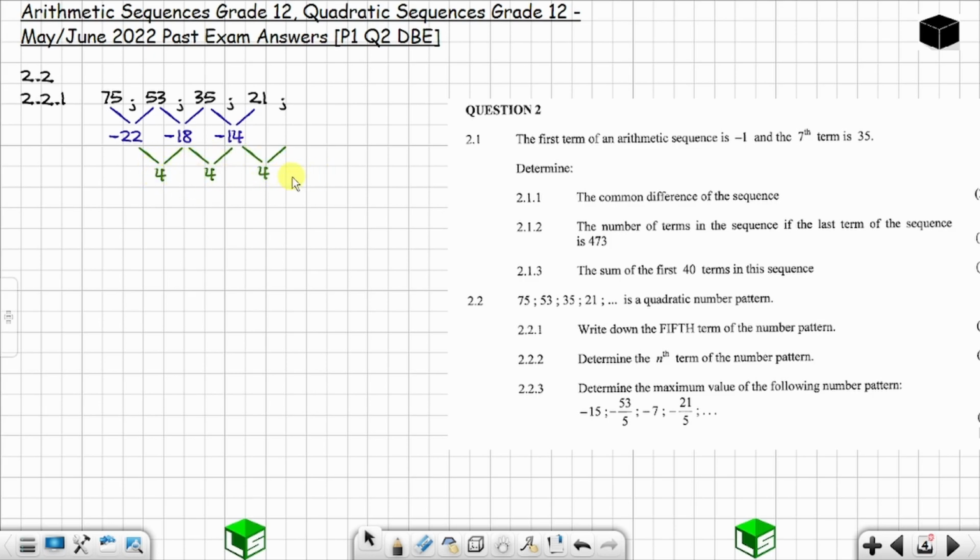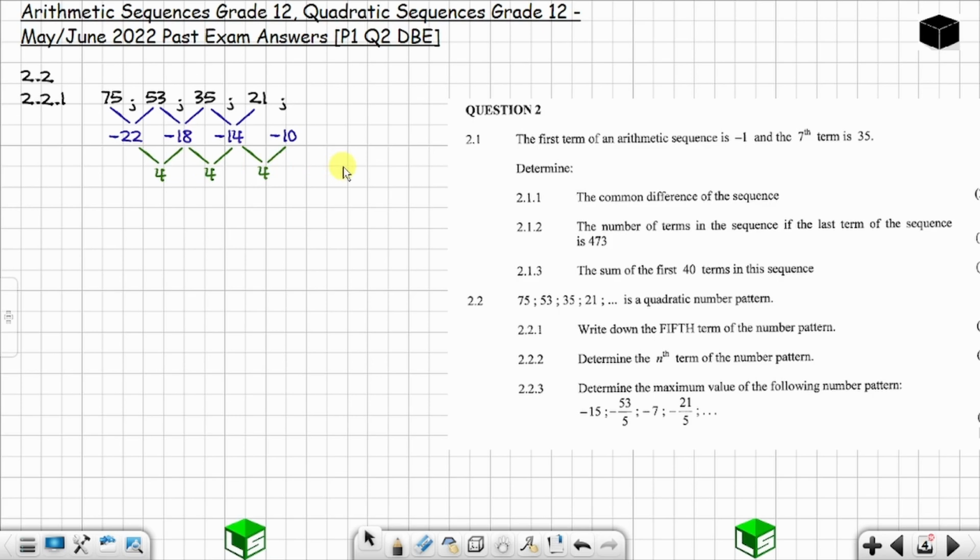So what is the next term of the first differences? You have negative 14 plus 4, which is equal to negative 10, right?